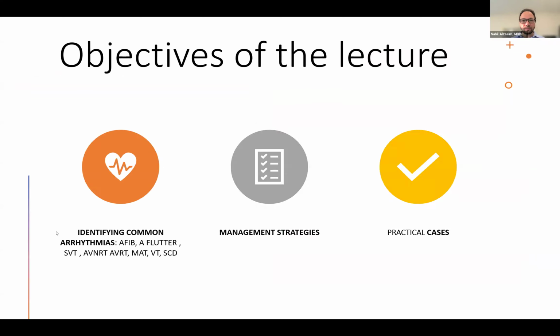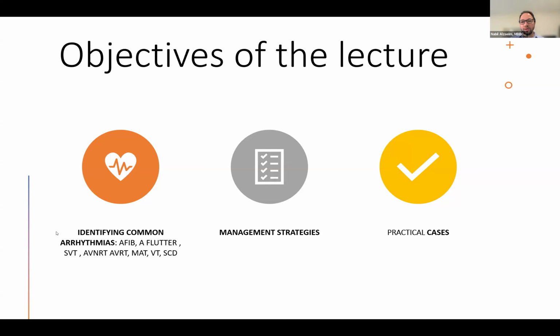My objective in this lecture is to cover the fundamentals of cardiac arrhythmia and identify the common ones. We will discuss how to recognize AFib, flutter, SVT, including AVNRT and AVRT, multifocal atrial tachycardia, VTach, and sudden cardiac death survival.